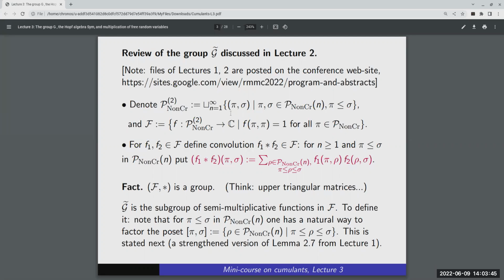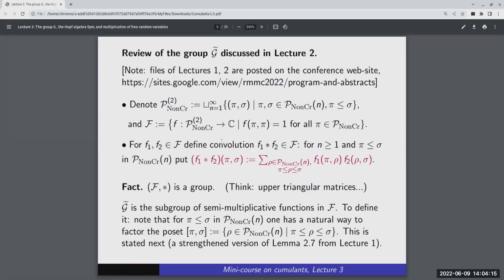The system of all such pairs is denoted P non-crossing superscript 2. We look at functions on this set, where in order to get a group, we impose that f of pi pi is always equal to 1.